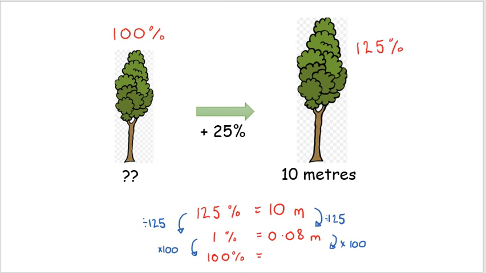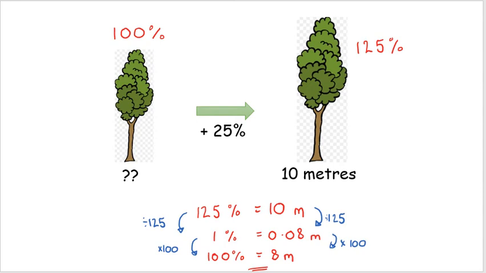And 0.08, we don't even need a calculator for this one. When I times 0.08 by 100, I just get 8 metres. Therefore, the original height of the tree was 8 metres.